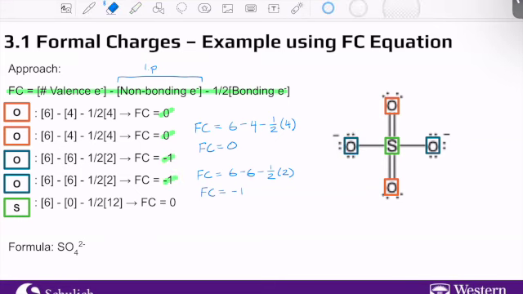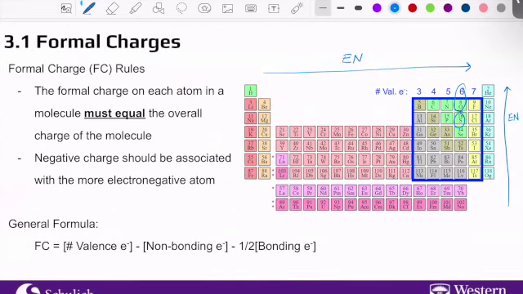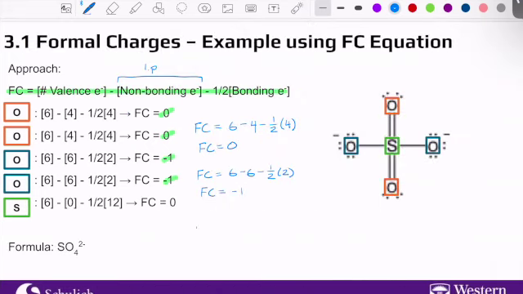In terms of sulfur, when we look on the periodic table, it also has 6 valence electrons, just like oxygen. So we know that the formal charge then, again, amount of valence electrons minus the amount of lone pairs it has, because sulfur does not have any lone pairs, it's just filled with bonds.